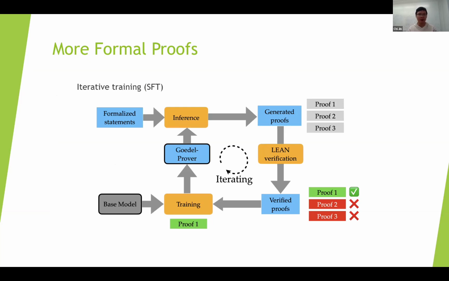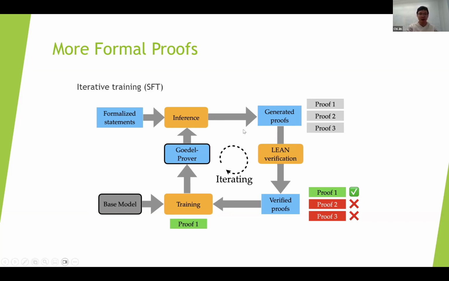We use an iterative training pipeline. We start with some base model, for example the first iteration of Goedel-Prover, which is just a DeepSeek base 7B, and we feed in a lot of our formal statements and do inference, and the prover generates some proofs. We pass them through the Lean compiler, which verifies them, and the proofs that are correct we add to our dataset for the next iteration of training. Then, starting from the base model, we do the next iteration of training.